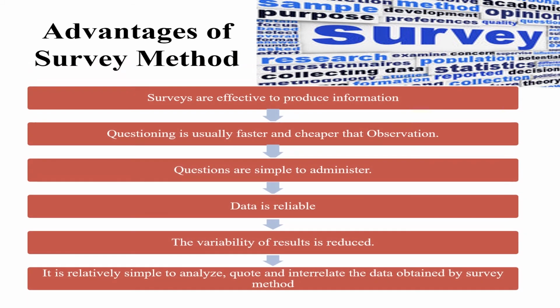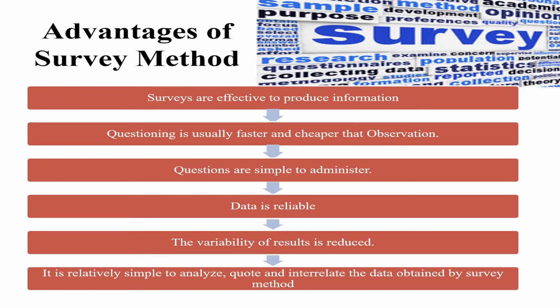The advantages of the survey method are: number 1, as compared to other methods like direct observation and experimentation, survey yields a broader range of information. Surveys are effective to produce information for planning product features, advertising media, sales promotion, channels of distribution, and other marketing variables.